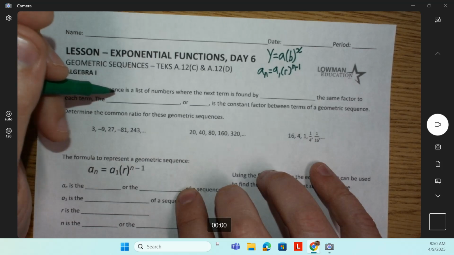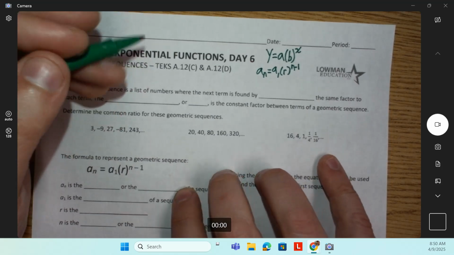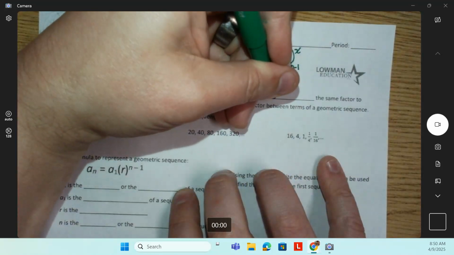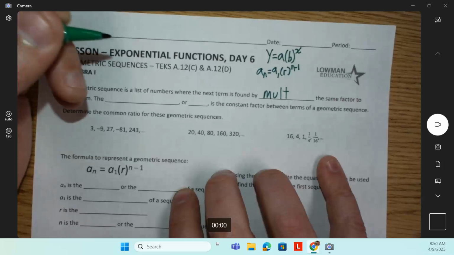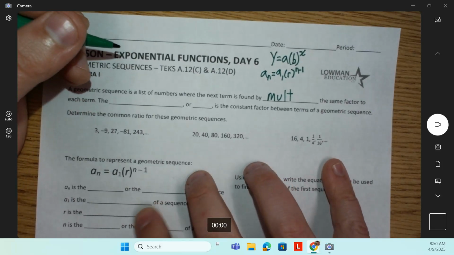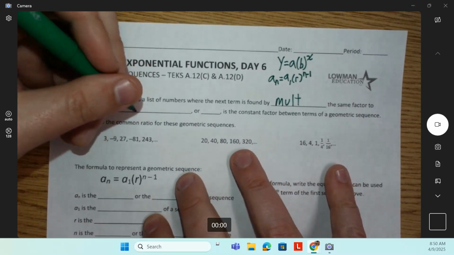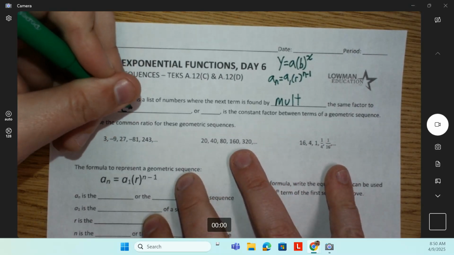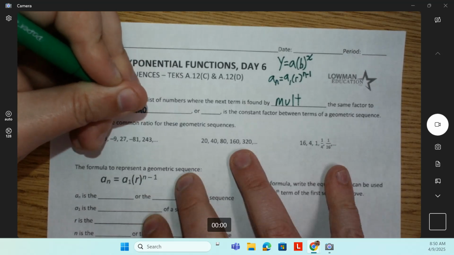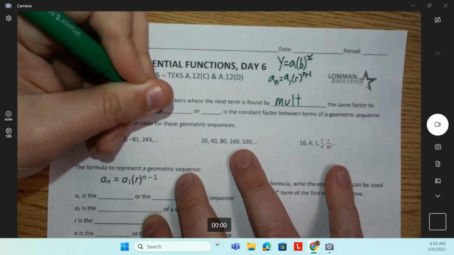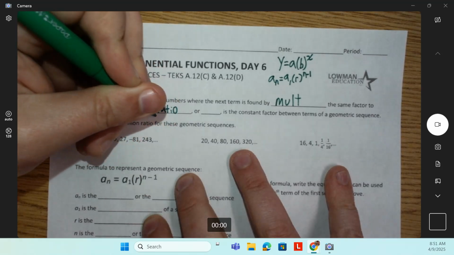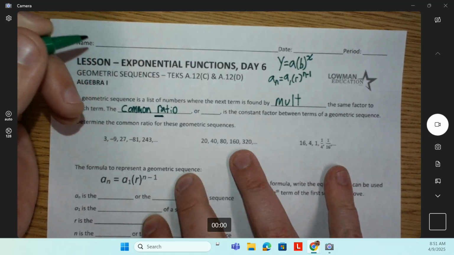So the sequence is a list of numbers where the next term is found by multiplying the same factor to each term. And so what you're multiplying by would be the common ratio, ratio being the r value.